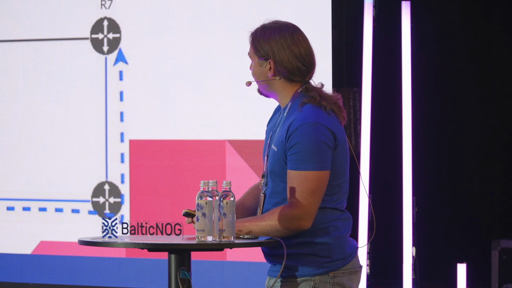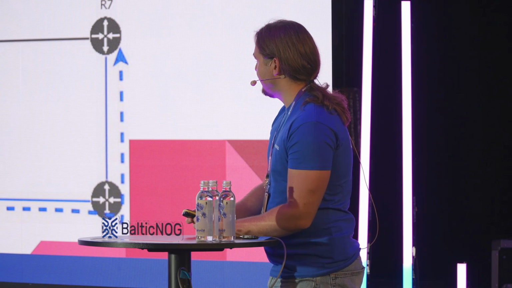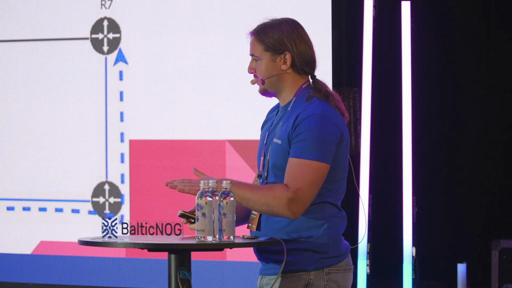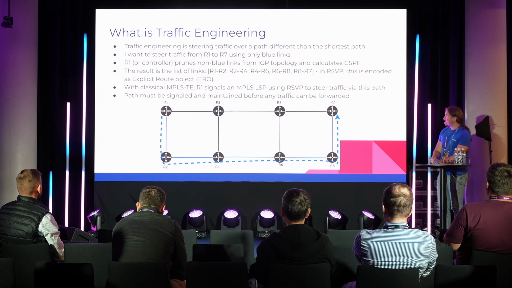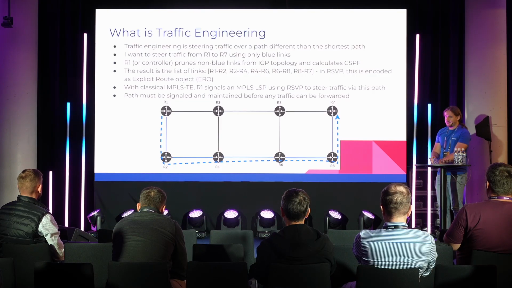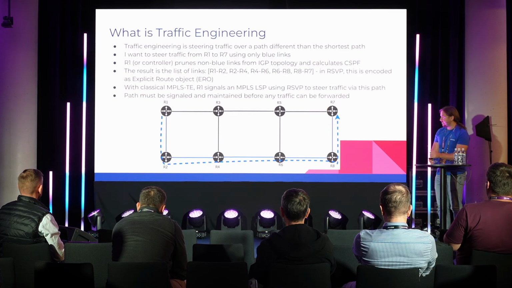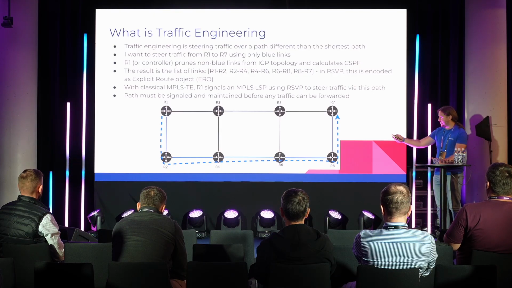So, a bit of recap about what is traffic engineering in general, not specifically touching segment routing. Traffic engineering is steering traffic over a path different than the shortest path. So let's say in this topology, if you want to go from R1 to R7, shortest path will go through R3 and R5. But if you want to steer traffic over different paths, in this case with blue color, we need some extra steps.